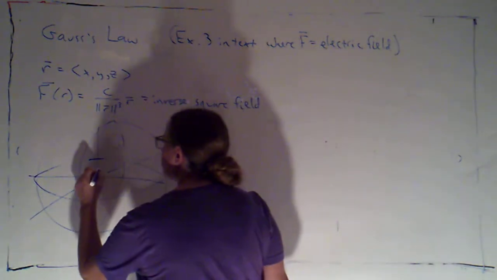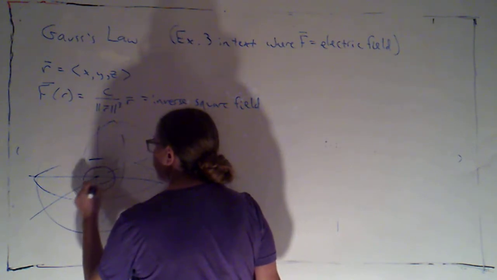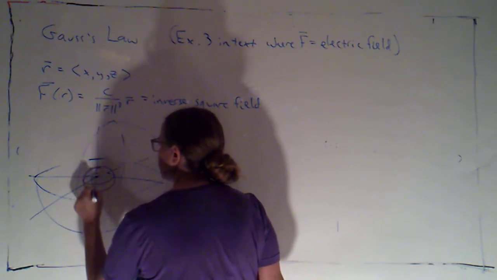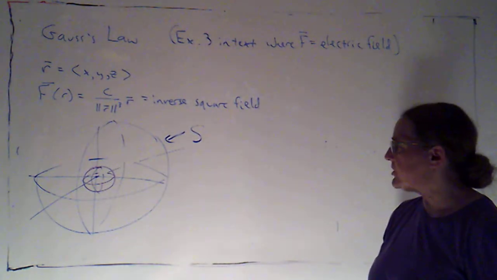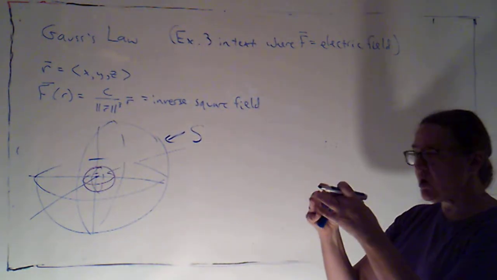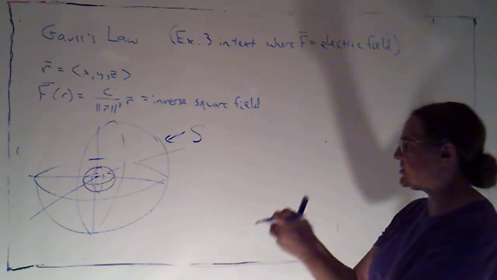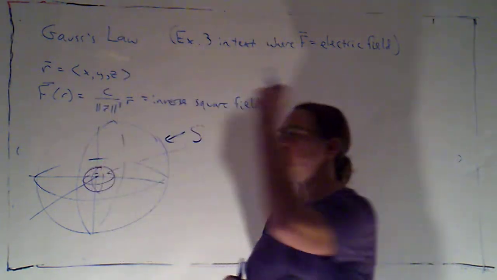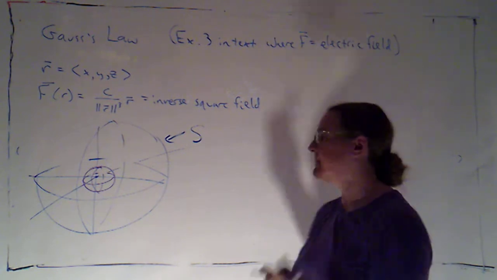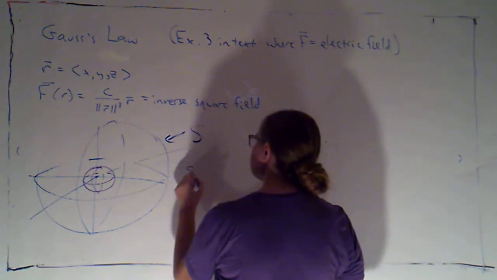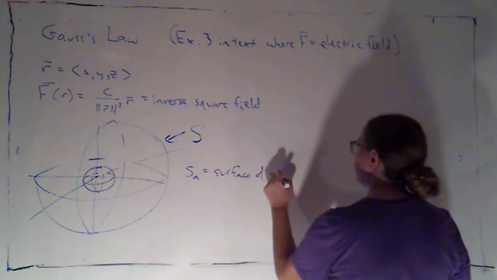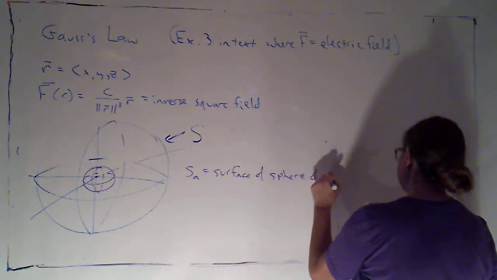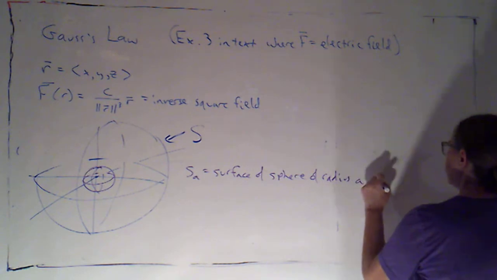So what I'm going to do is I'm going to draw a very small sphere. This one I am going to choose to be a sphere of radius a, centered at the origin, that encloses that origin, and I'm going to take that region out. Okay. So I'm going to say S sub a is the surface of a sphere of radius a, centered at the origin.